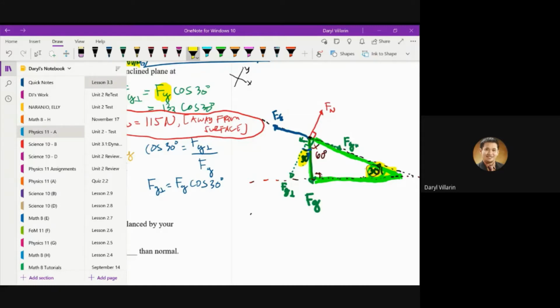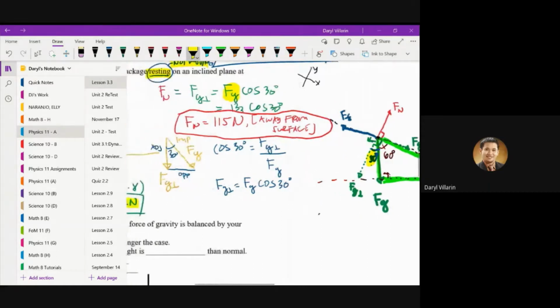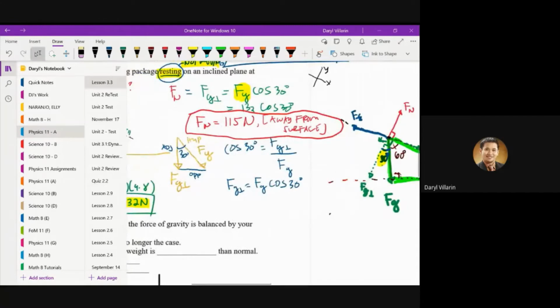And if you can see here, it's actually Fn. Fn is just a portion of your FG. It's not equal to FG. And I believe that's what we got last time.